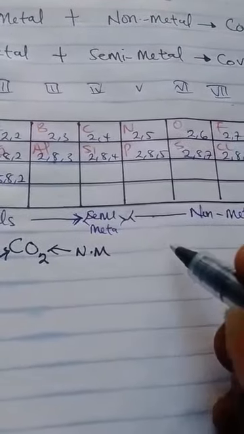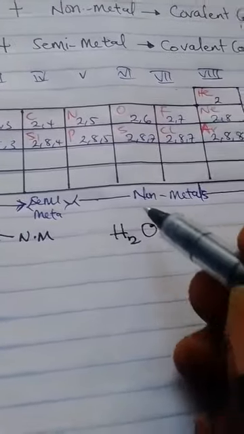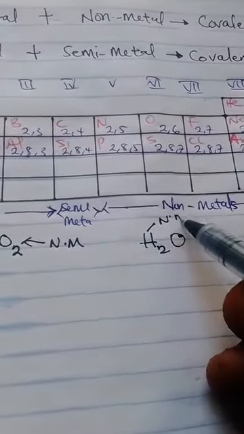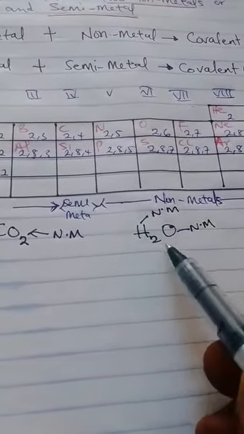Another example is H2O, between hydrogen and oxygen. Since hydrogen is a non-metal and oxygen too is a non-metal, the bond between them is called covalent.